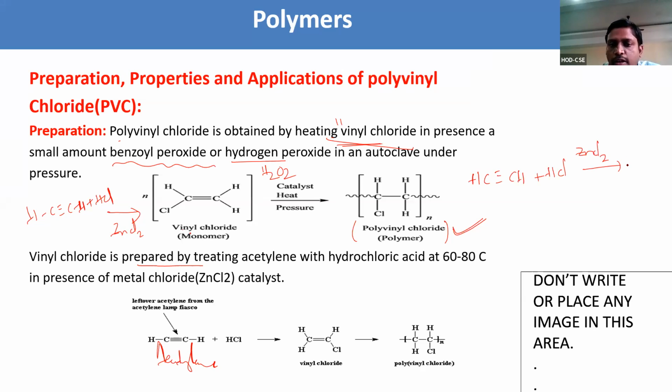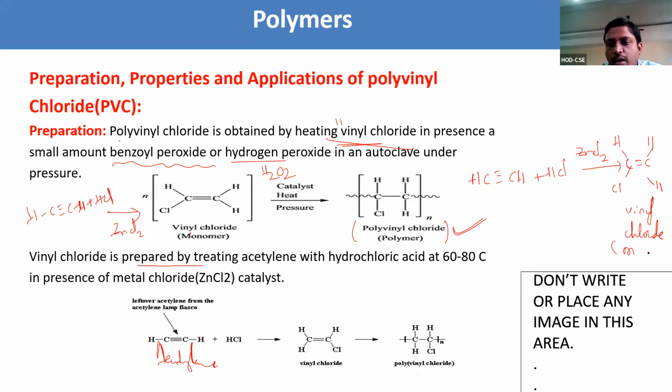The formula of vinyl chloride is CH2=CHCl. This is the monomer involved in the preparation of PVC.